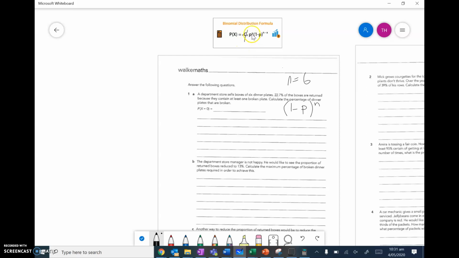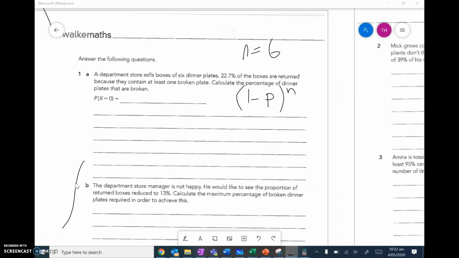This becomes 1 because p to the power of 0 is just 1, and then x here is 0, so that goes away, so that becomes a 1. So it's just 1 times 1, 1 times bracket 1 minus p to the power n, so I'm just left with 1 minus p to the power n. So I'm not going to go over that again at any point during the video.